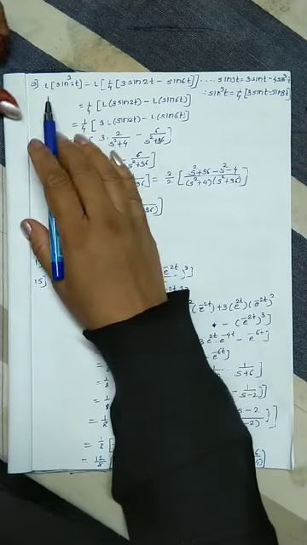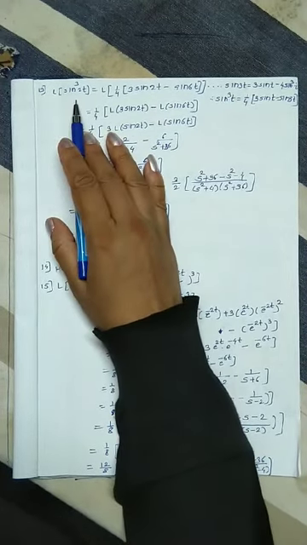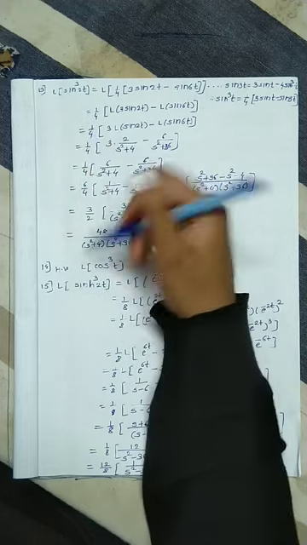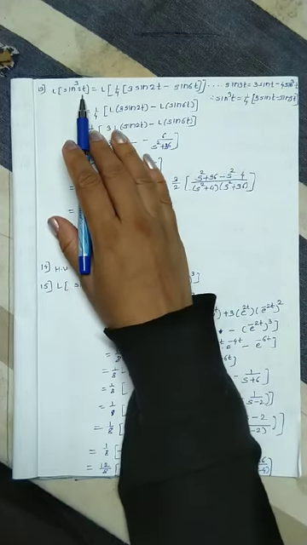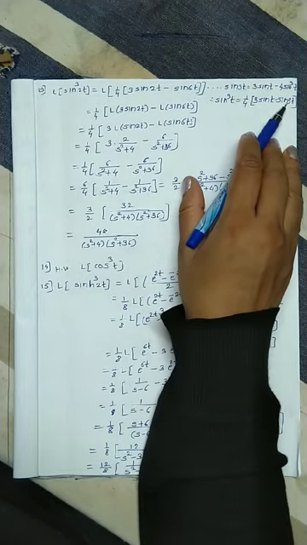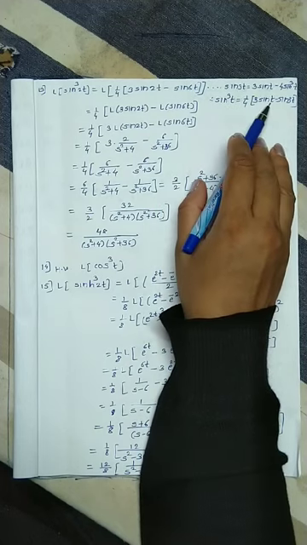Now next example, Laplace of sine cube. Sine cube, we are going to see now, cubic trigonometry, that is sine and cos cube also. Sine cube formula we know, it is 1 by 4 into 3 sine t minus sine 3t. If t is there, in the formula here also t.